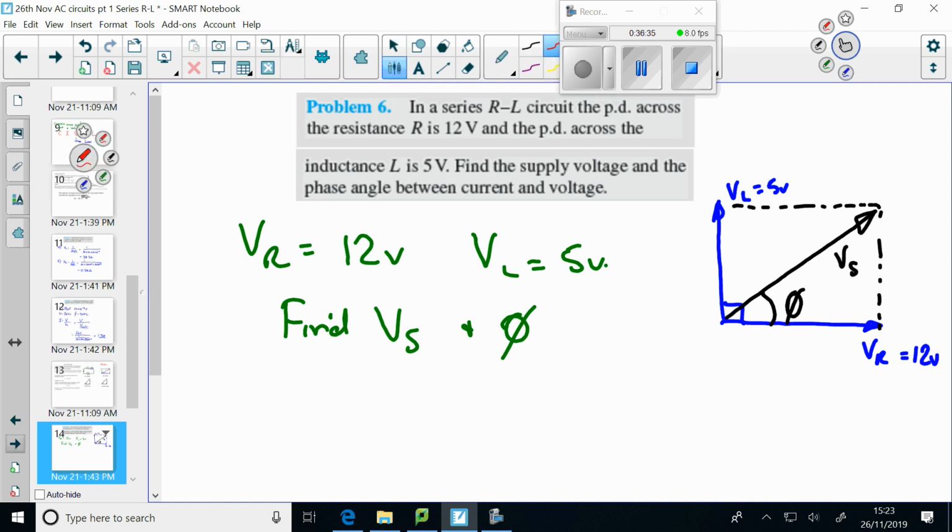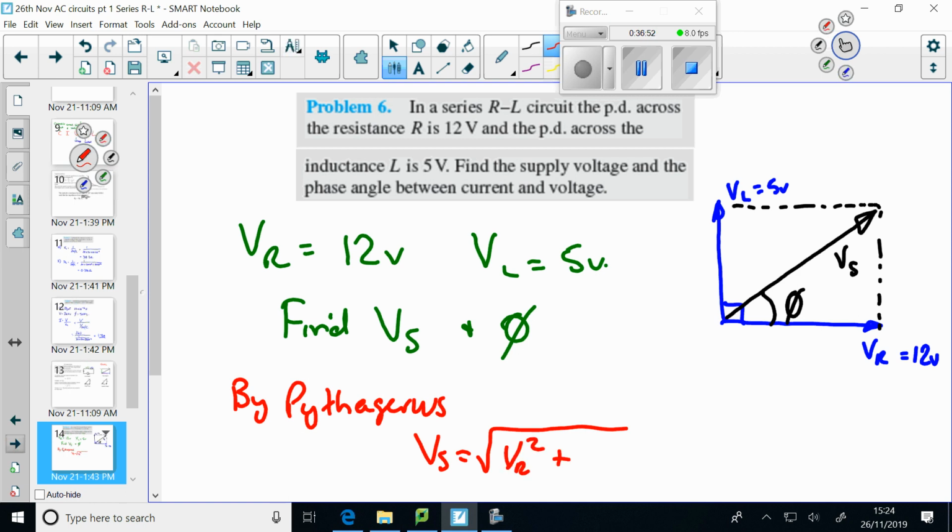So we go by Pythagoras. Vs is root Vr squared plus Vl squared.